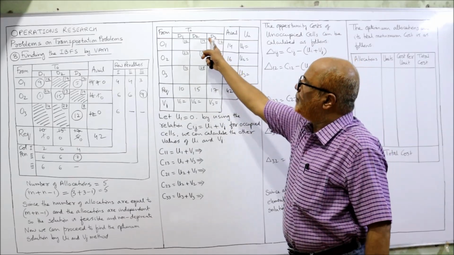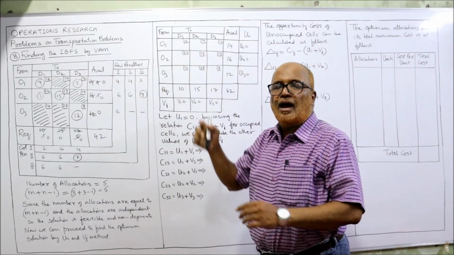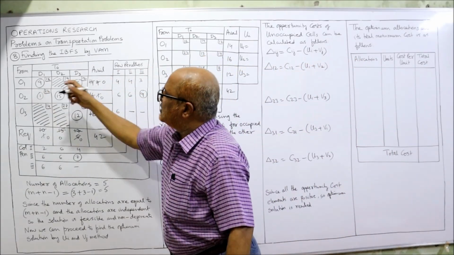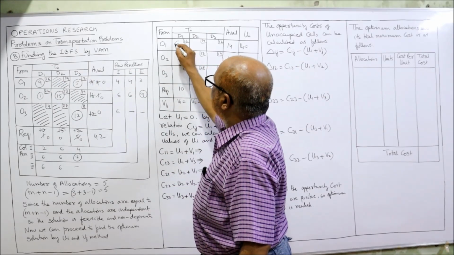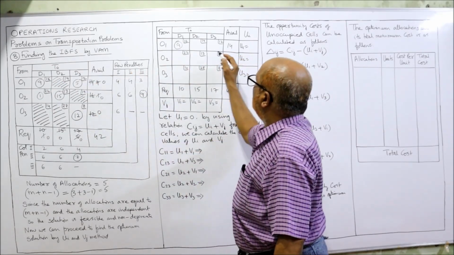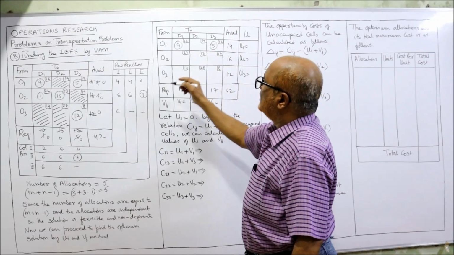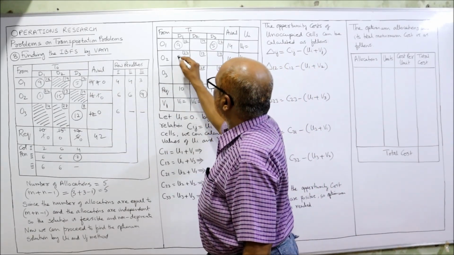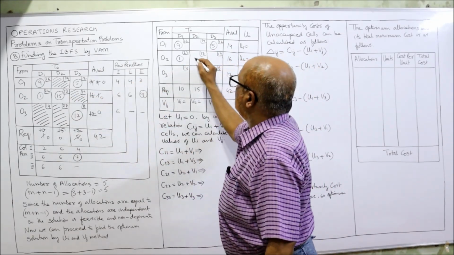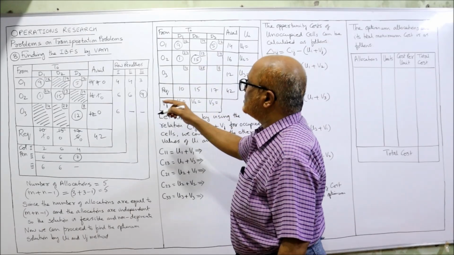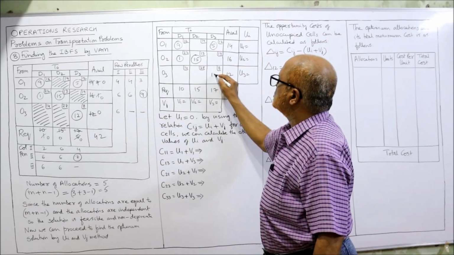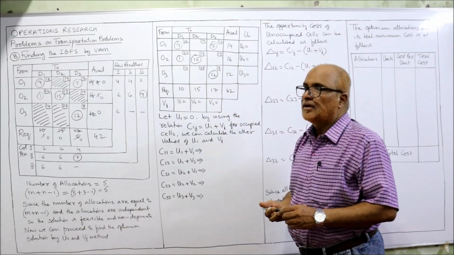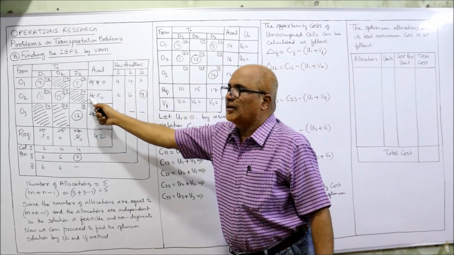First of all, copy down the same table and write the allocations. First cell 9 allocations. Then here 5 allocations. Then here 1 allocation. Here it is 15 allocations, right? And 12 allocations.